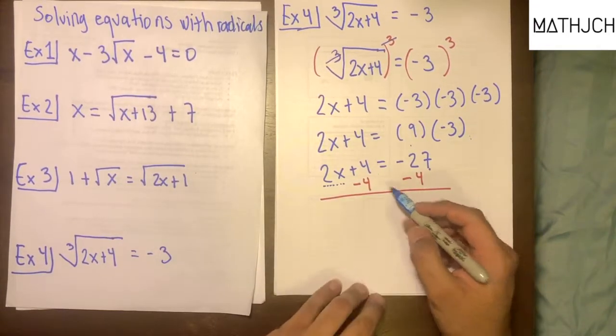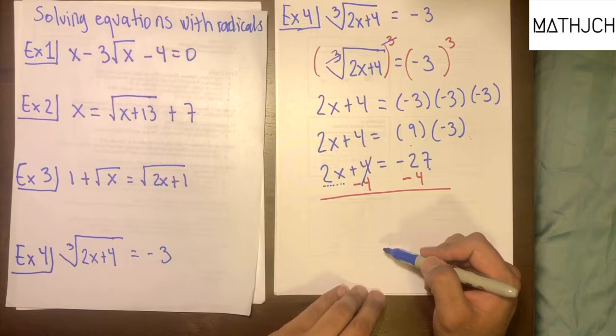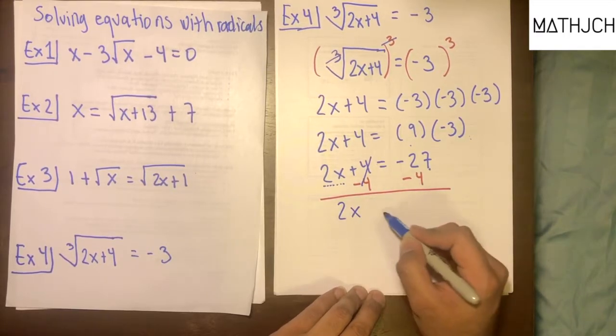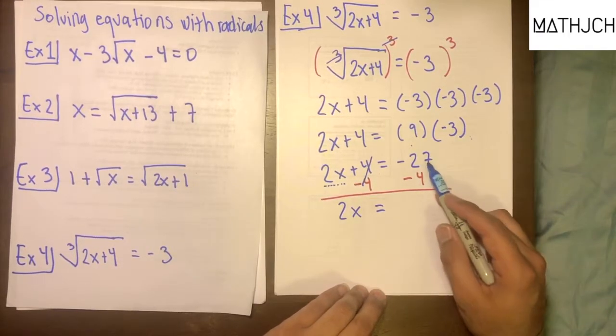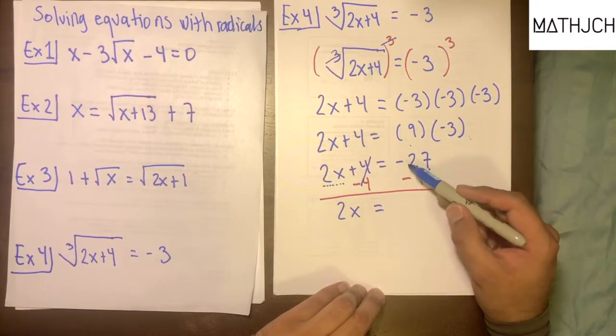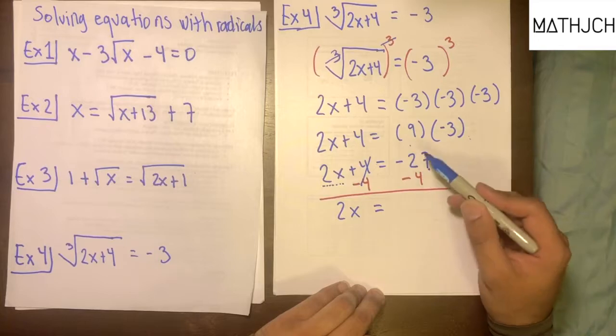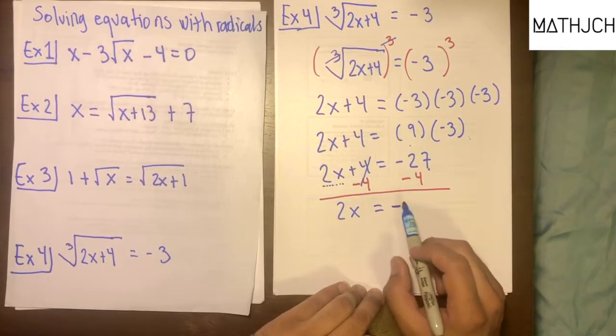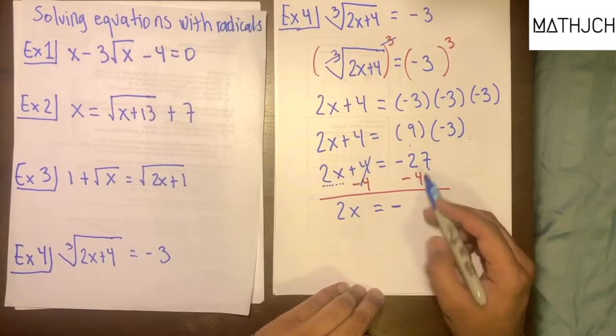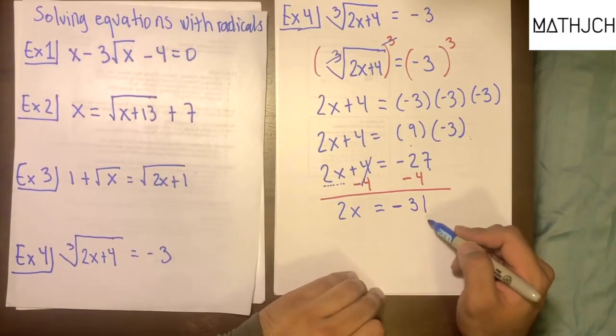This leaves us with this 4 and negative 4 cancels. So we have 2x equals, now in this case, be careful here. We have a negative and a negative. So we're going to add and keep the negative sign, okay? So we need to keep the negative sign. And 27 plus 4, that happens to be 31.